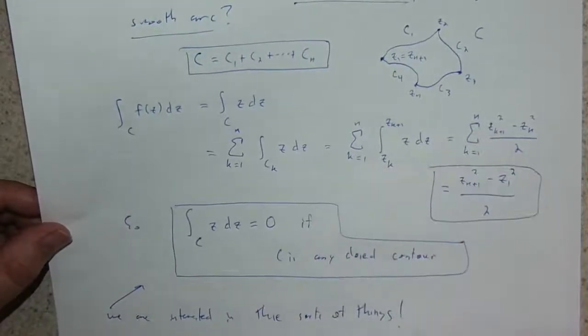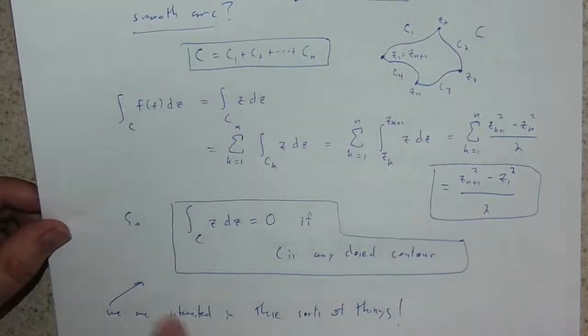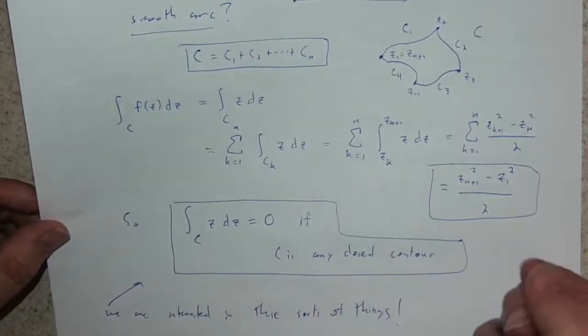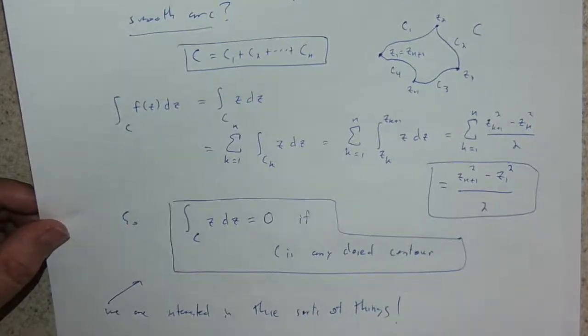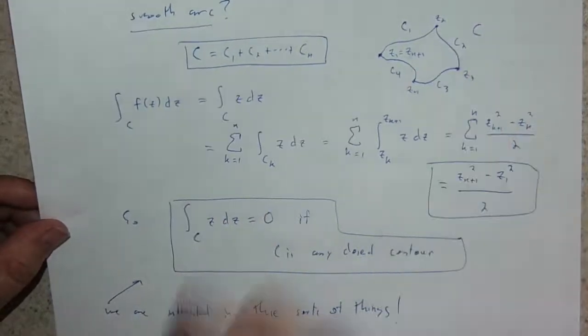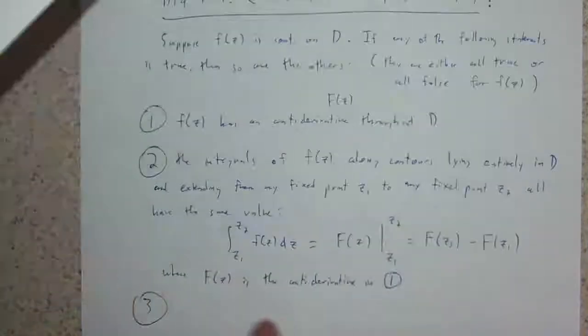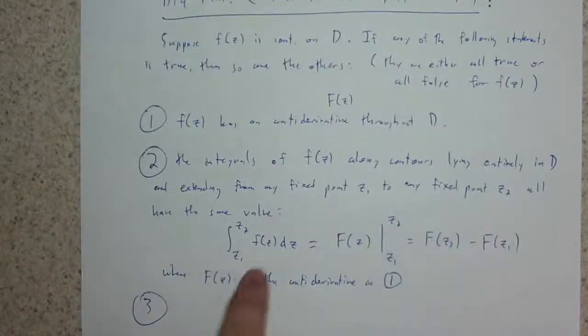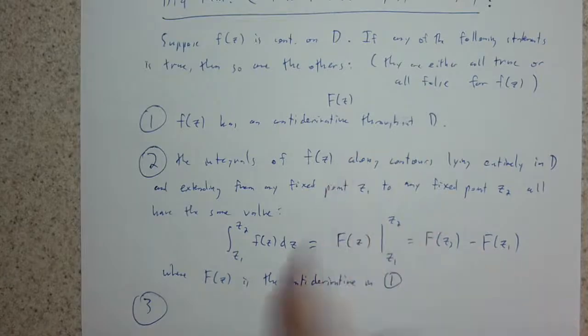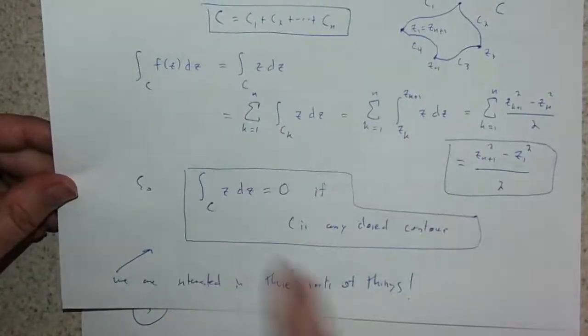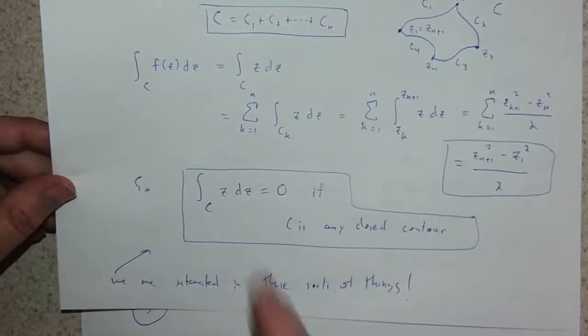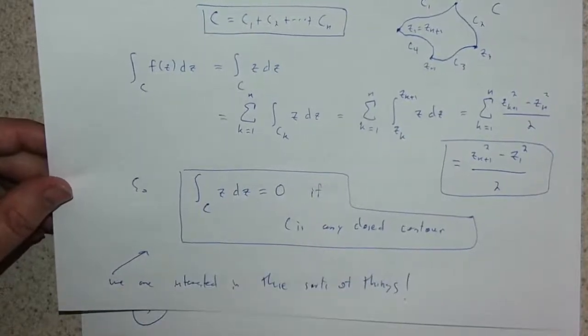The only thing that mattered were the endpoints themselves, which of course meant that if this was any closed contour, where the terminal and initial endpoints were the same, this was just 0. So we've already seen an example of this. Notice that this is going to be true if this function has an antiderivative throughout D. Does z have an antiderivative throughout whatever domain this contour lies in? Well, what is its antiderivative? z squared over 2.